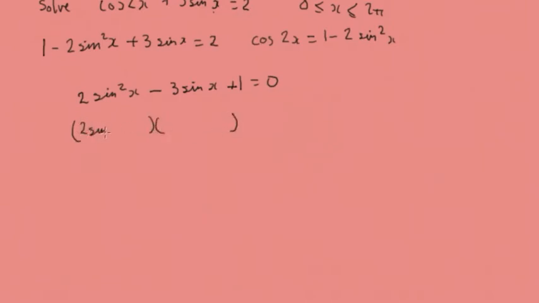So we have 2 sine x sine x, and this will be minus 1 equals 0, and so sine x will be equal to a half, or sine x will be equal to 1, and so x is a half when pi over 6, and x is 1 at pi over 2.